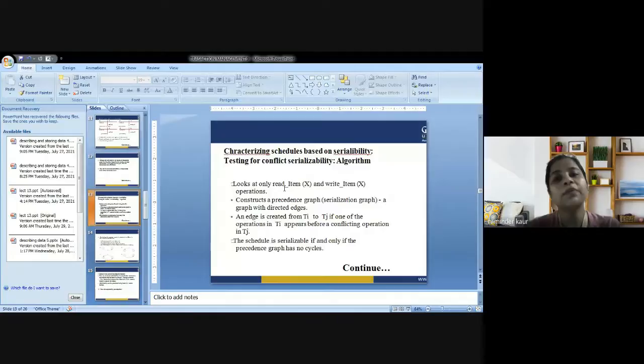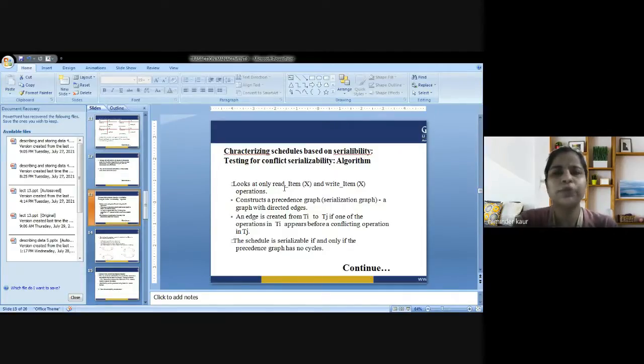Now, how are we supposed to characterize schedules based on serializability, testing for conflict serializability? This is the algorithm given for the same. Just have a look at it. Look at only read item X and write item X operations. Construct a precedence graph, that is, a serialization graph, where we assign the priority, either to the read operation or to the write operation.